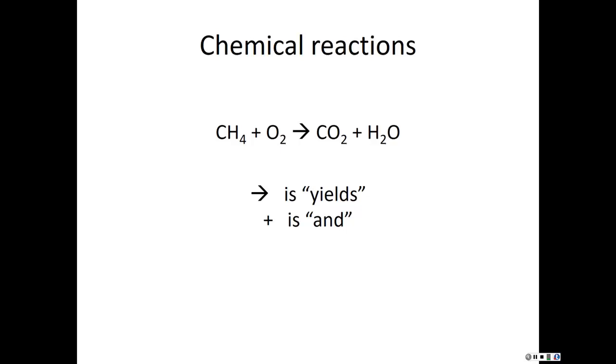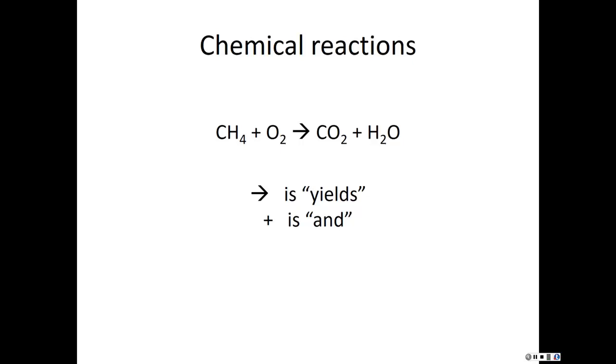It's the verb of it. So if I wanted to read this out loud, CH4 and oxygen yields carbon dioxide and water. So that's how you would say it in English as you're looking at it. You would just substitute an and for the pluses, and yields or something like that for the arrow. So we can write equations in the shorthand chemists use, or we can write them in English.